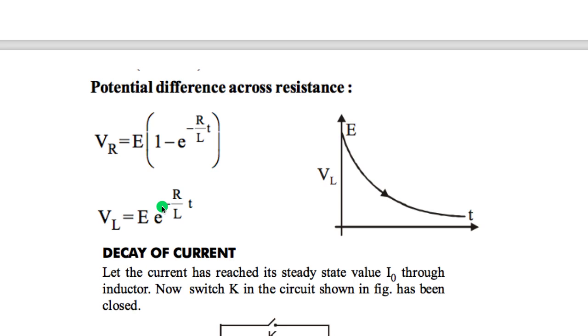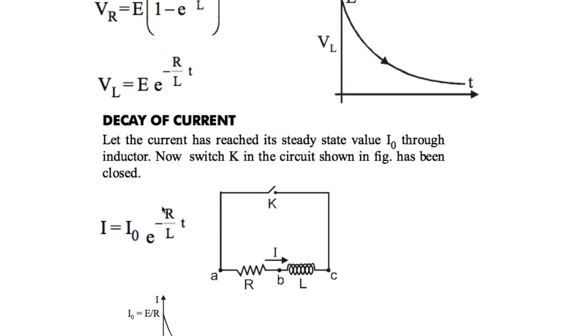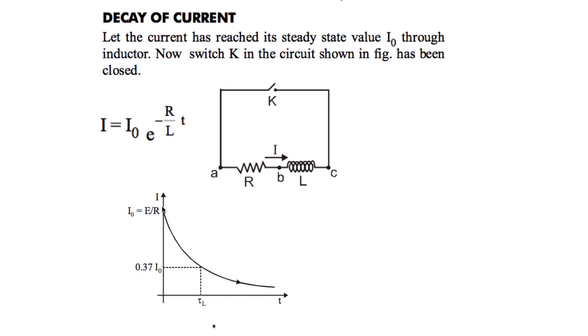Okay. Now we move on to the decay of current. In the last part we studied the growth of current. When a source is connected and the key is closed, we get an increasing current in the circuit, the growth current.